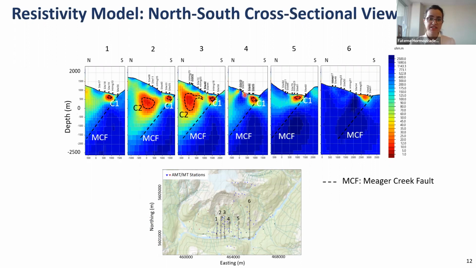So above these conductors, we have that resistive layer with 200 ohm meter resistivity. This shallow resistor is a region where the hot geothermal fluid doesn't alter the rocks. It's near the surface, and the temperature is less than about 70 degrees Celsius.